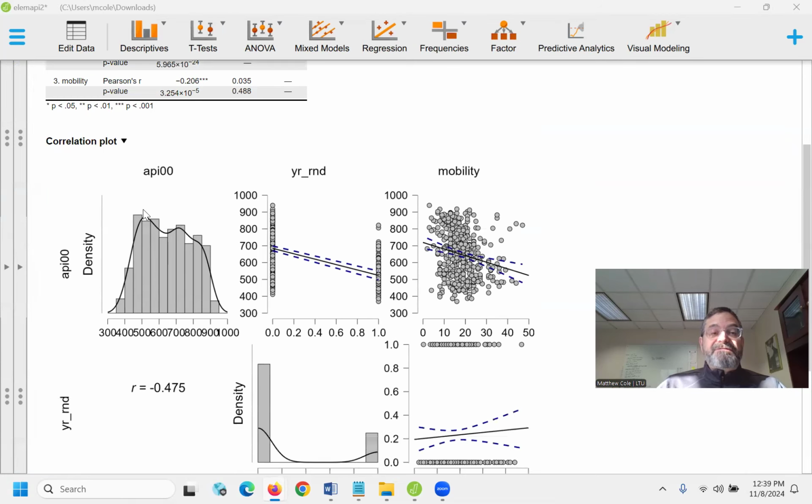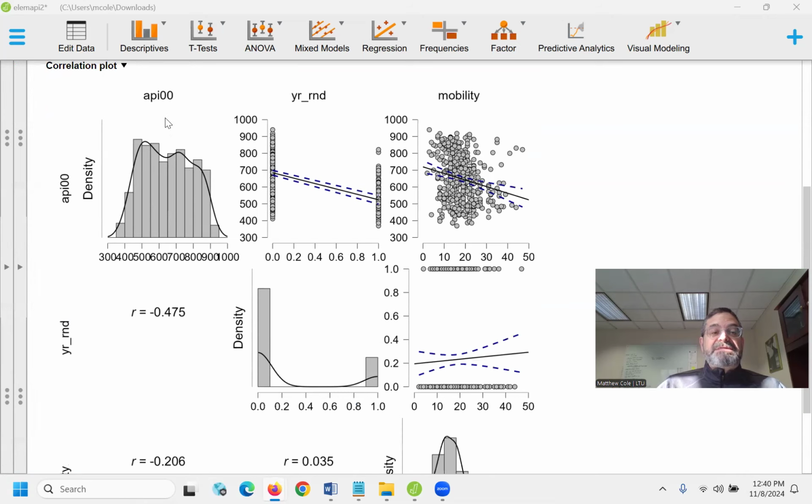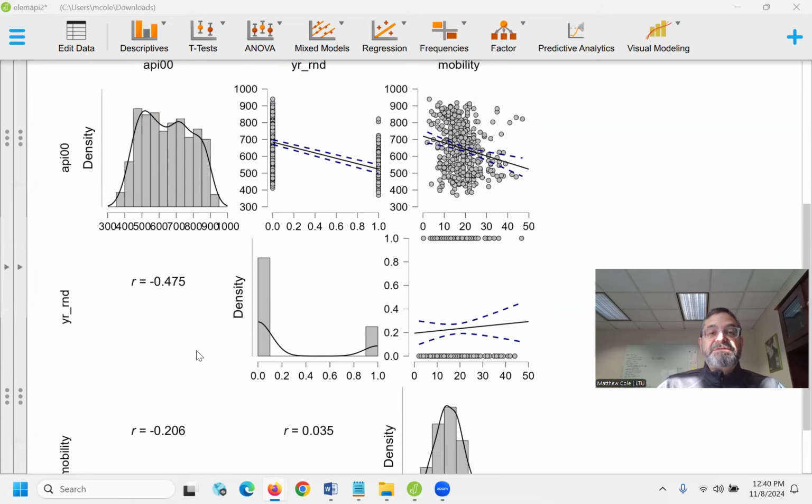And then we've got this visualization. So this is the density, this is the distribution of our academic performance. And then we see that the correlation between API and year-round is negative 0.475, and the correlation between API and mobility is negative 0.206.